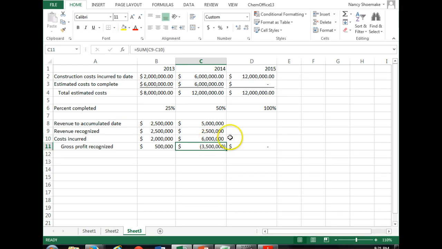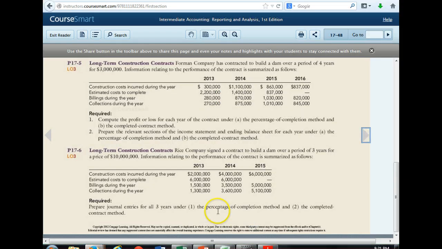Okay, one sec, guys. What I'm trying to show you is ultimately we know we've got a profit here, or we should have a profit. But what is the cost at 10 million? What was the total amount of the contract? 10 million, okay?